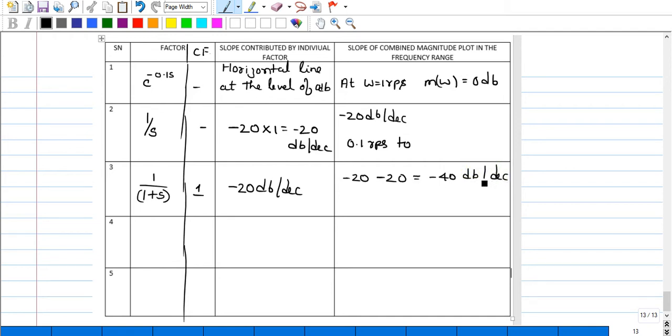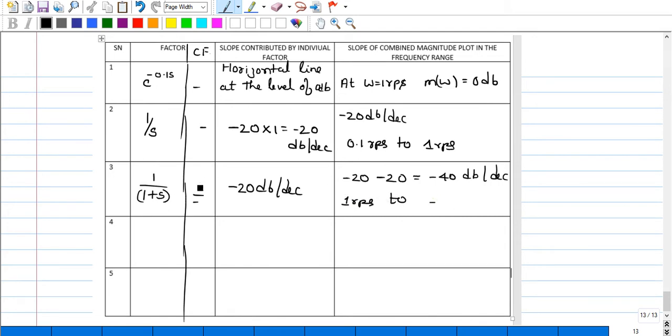This is the total slope, and here the corner frequency is 1 for the previous one, and the terminating point will be the starting point, that is 1 rps to the next corner frequency.